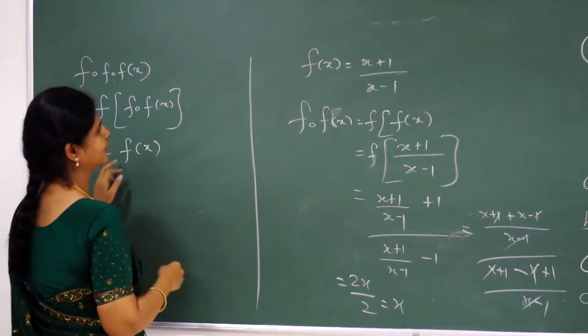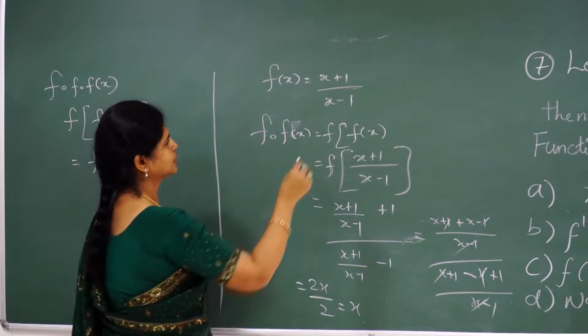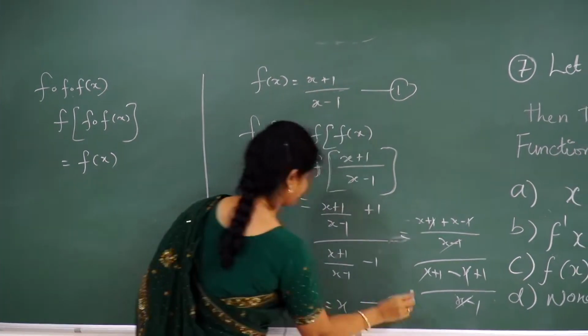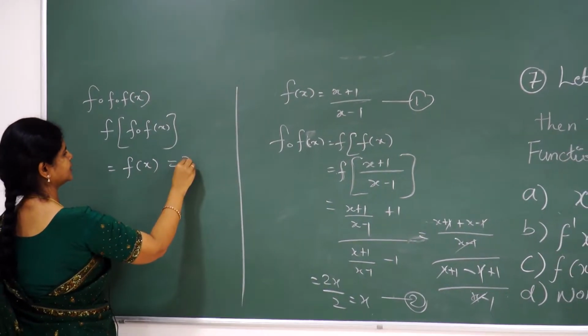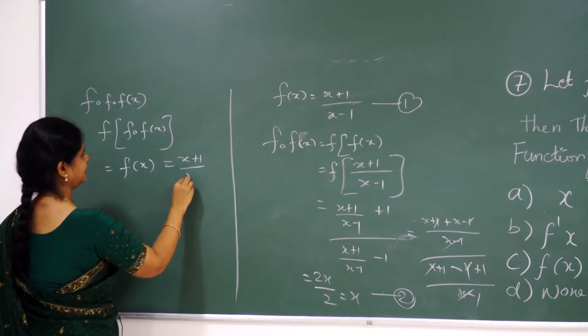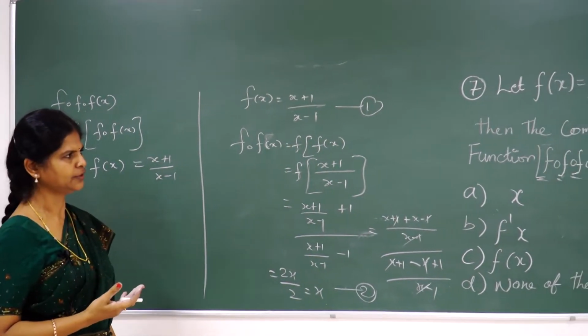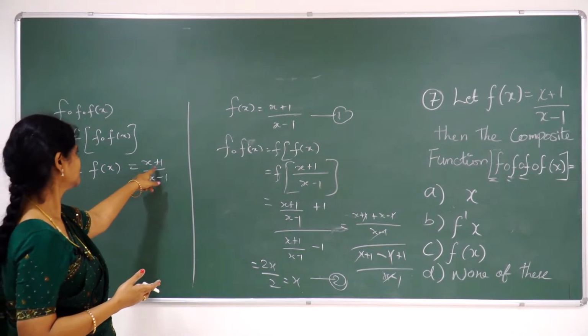You know f of x equals x plus 1 by x minus 1. So mark this as 1 and this as 2. Using 1, f of x is x plus 1 divided by x minus 1. So the composite of three times f gives the original function, x plus 1 by x minus 1.